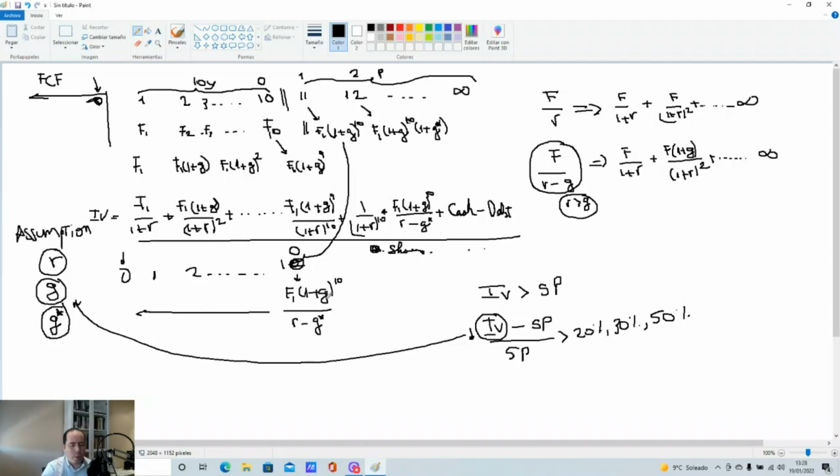But if you are extremely optimistic about the prospects of the company, if you expect so much growth in its free cash flow, so much growth in the perpetuity, and you consider that the discount rate should be really low, your opportunity cost is low, you will push this value up, and you will tend to think that there is a huge margin of safety with respect to the current stock price, which is something that is not recommendable to do.